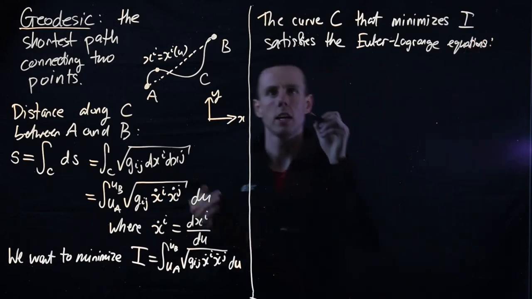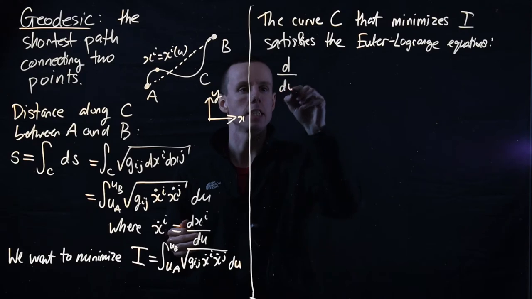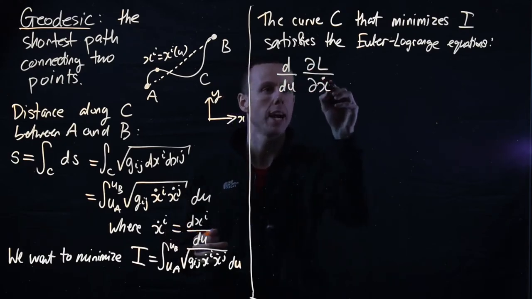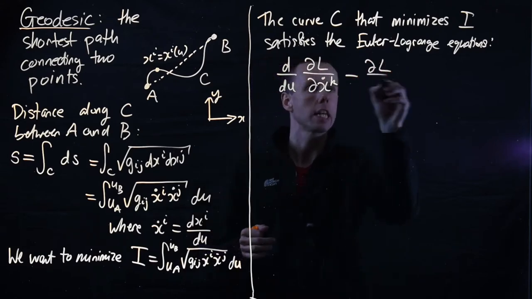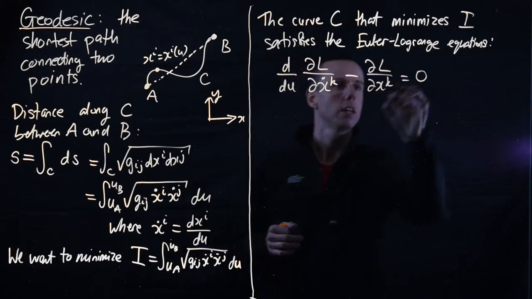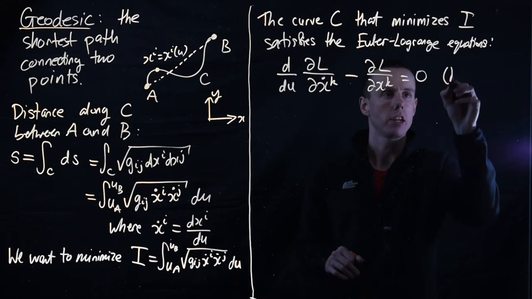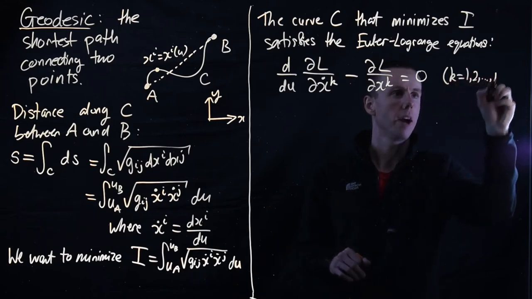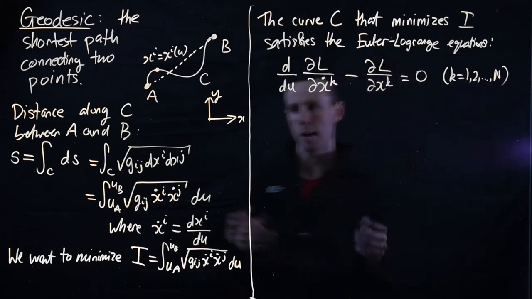And what are they? They are as follows: d/du of the partial of L with respect to x-dot^k, minus the partial of L with respect to x^k, equals 0. Here, k is a free index, so it can be k equals 1, 2, up to whatever the dimension of your space is, capital N.